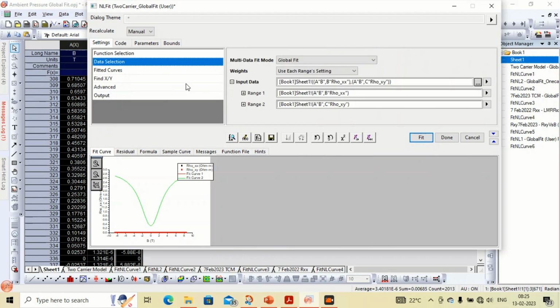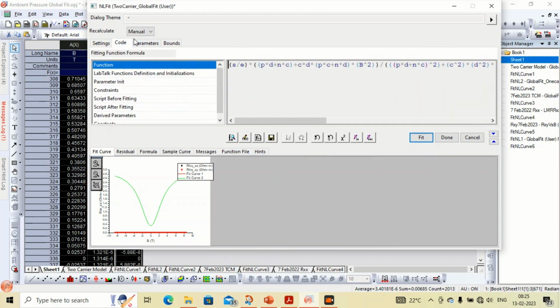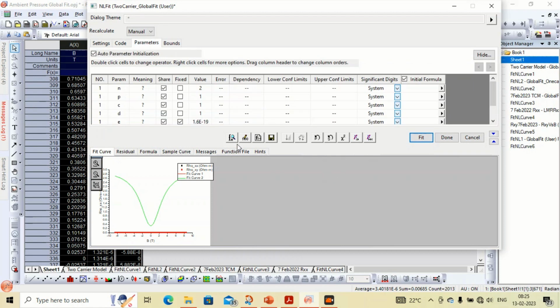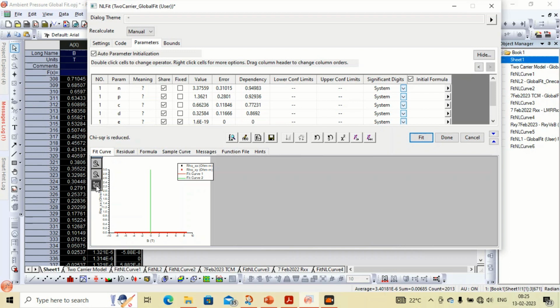Now I can start fitting. Things are okay. This is the data, you can see. I will put an approximate value for the number of electrons.